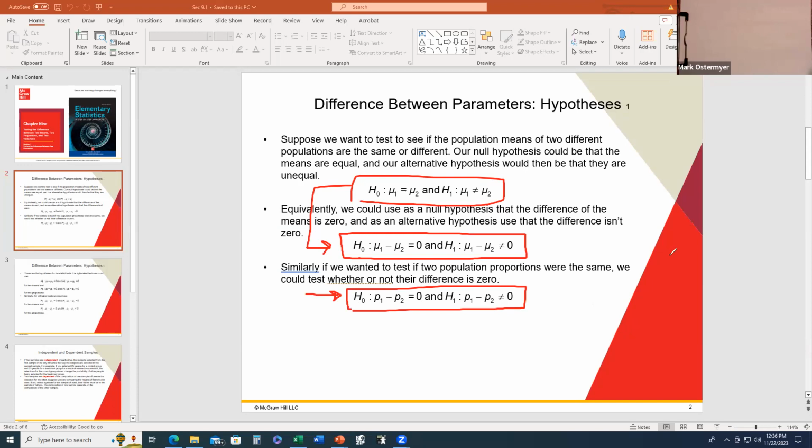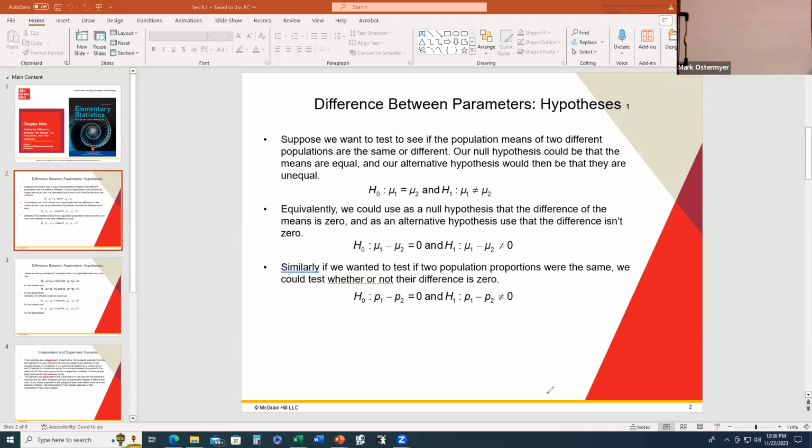If it falls in a rejection region, it'll either fall in the upper or the lower tail rejection region. So the order of subtraction is not really an issue when conducting a two-tailed test for the difference between two population parameters. It becomes more of an issue when you're dealing with a one-tailed test, or sometimes called a directional test.